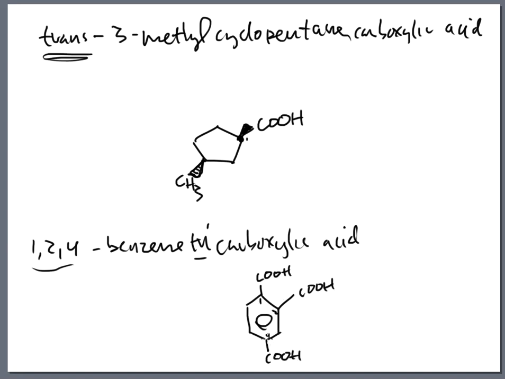There is 1,2,4 benzene, because that's the main carbon chain, and there's 3 carboxylic acid groups. There you go. Keep in mind, folks, that COOH is really a C double bond O, OH.